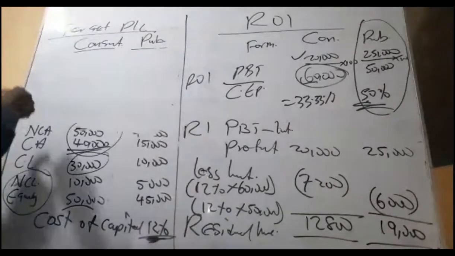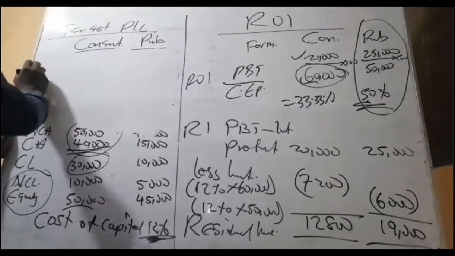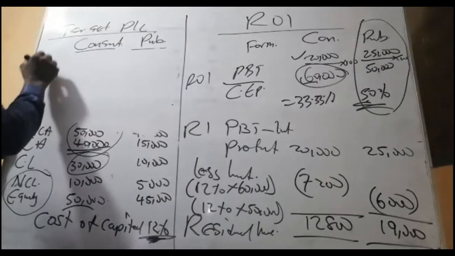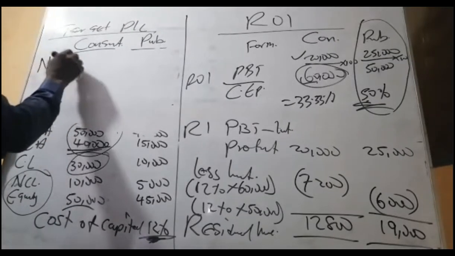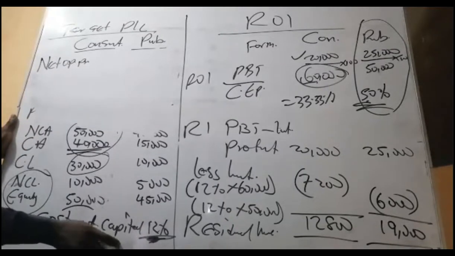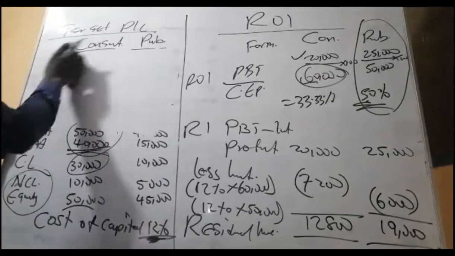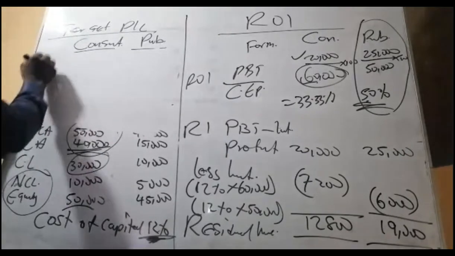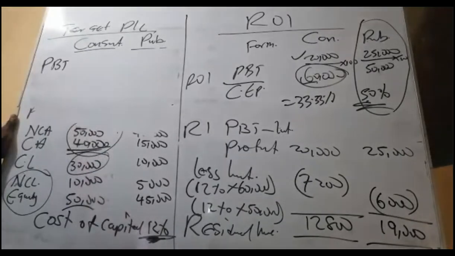So here, net operating profit. Let me just call it profit before tax, but it's after depreciation.